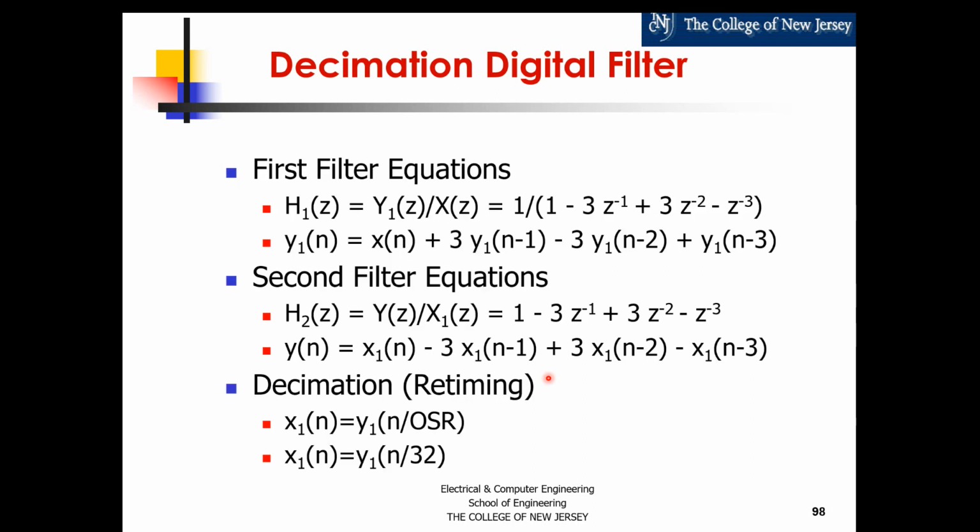Then we can write the transfer functions of the first part. This should remind you of your signals and systems. We can write a transfer function, discrete, in the Z domain. That transfer function is for the top part of my block diagram. And I can also then write the difference equation.